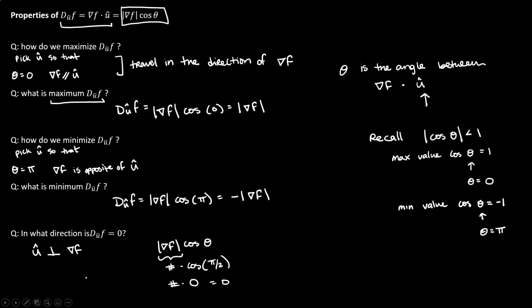So maximizing a directional derivative, minimizing a directional derivative, or nulling, making it 0, all depend on the gradient vector, either traveling parallel to it, opposite to it, or perpendicular to it. With this idea in mind, let's practice finding a maximum directional derivative.